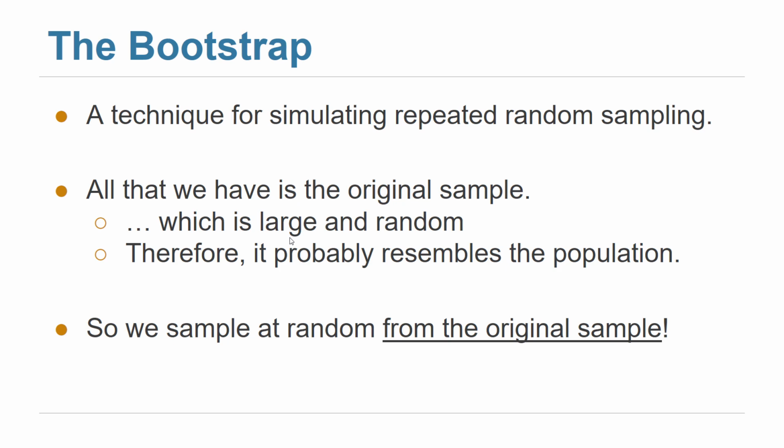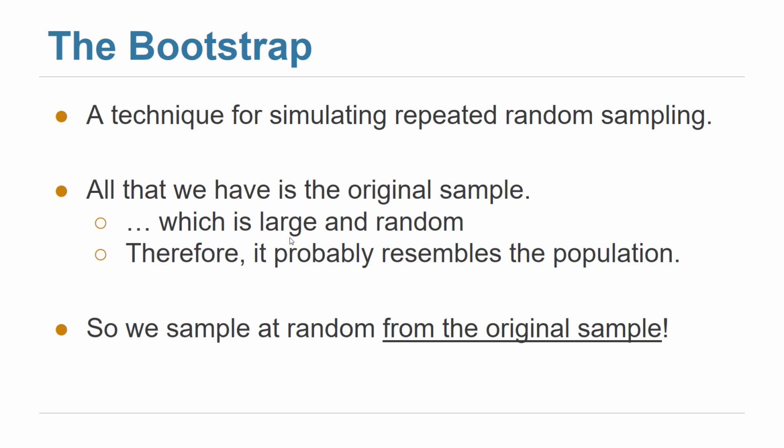And then we will sample at random from the original sample. How is that different from what we have just done in the notebook? What we have done in the notebook is that we got different samples from the original population.